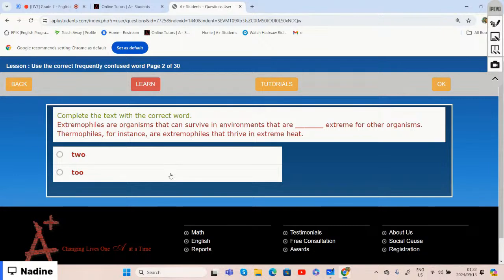So we can say extremophiles are organisms that can survive in environments that are too extreme for other organisms. Thermophiles, for instance, are extremophiles that thrive in extreme heat.